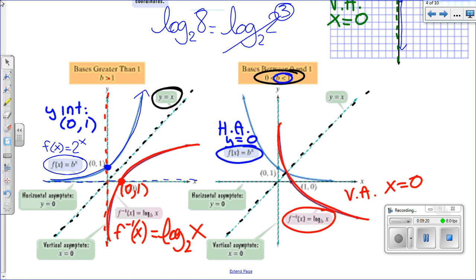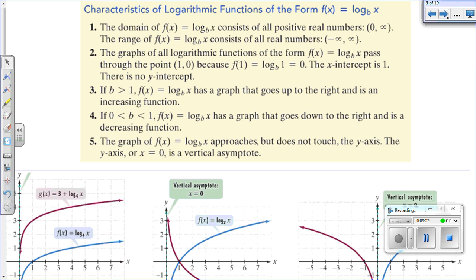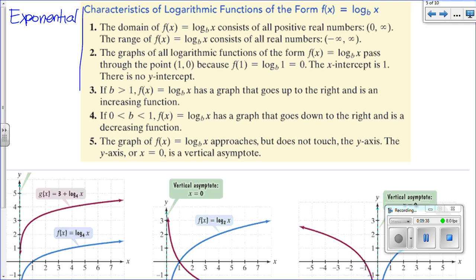Okay, so let's go to the next slide. And let's look at the characteristics of logarithmic functions. So remember when we went over exponential functions, the domain was the set of all real numbers, and the range was from 0 to infinity, without including 0.